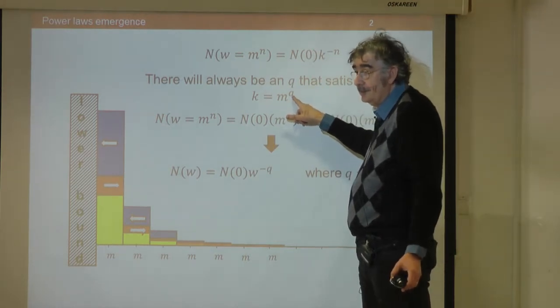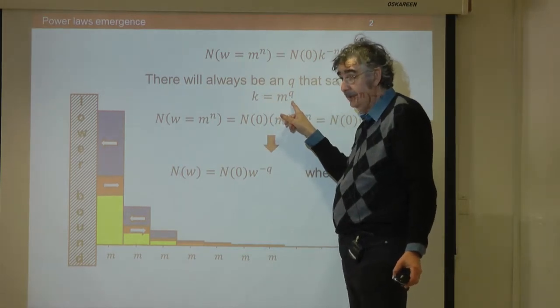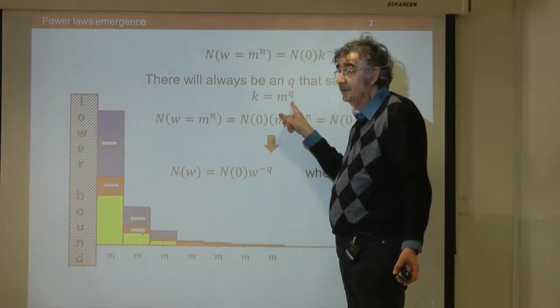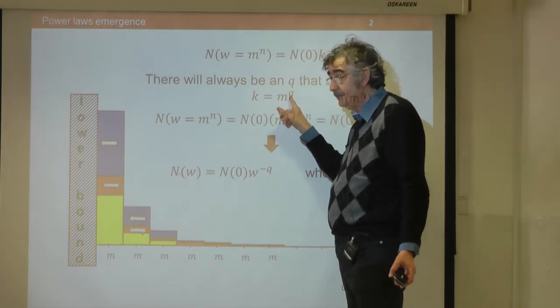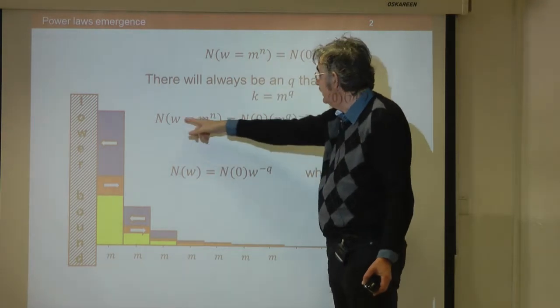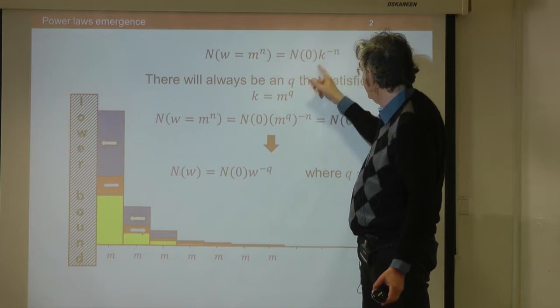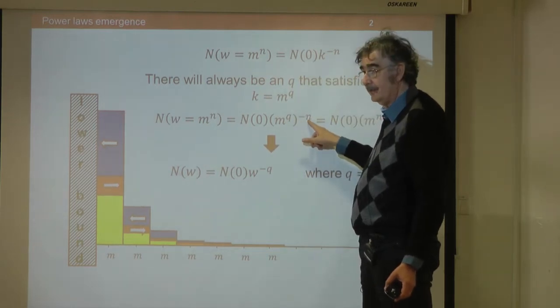It's always possible to find a q such that k will be m to the q. This is a definition of q. And I'm plugging both these definitions here. Here I'm writing n of W, and in place of k to the n, m to the q to the minus n.